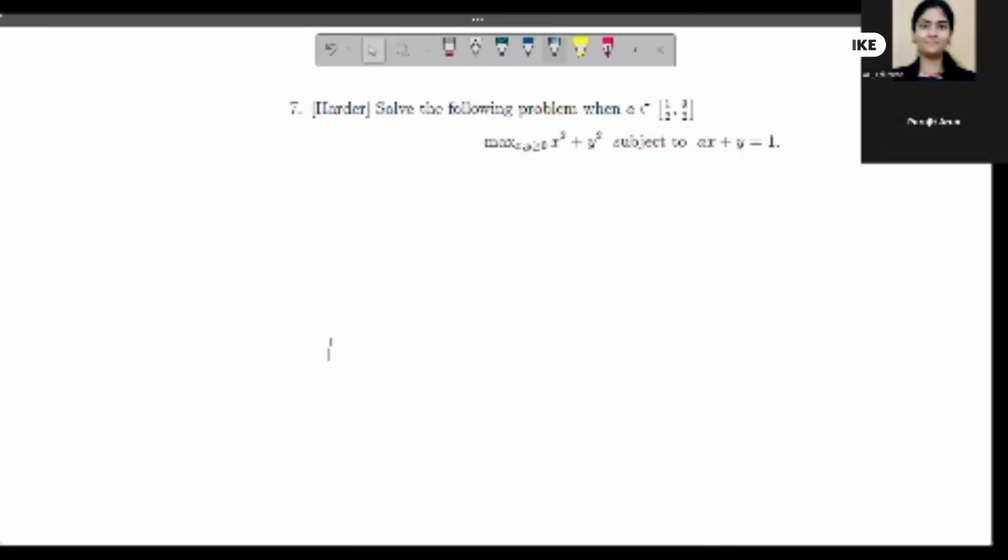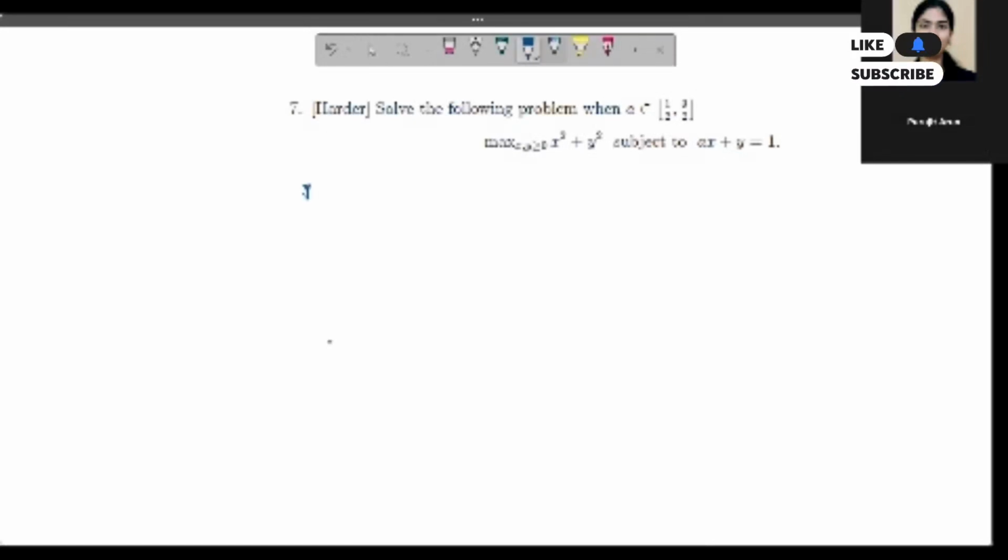Now see, this question has not asked to use Lagrange multipliers, but it is still saying maximize. So we need to find out the arbitrary constant also within the limit.